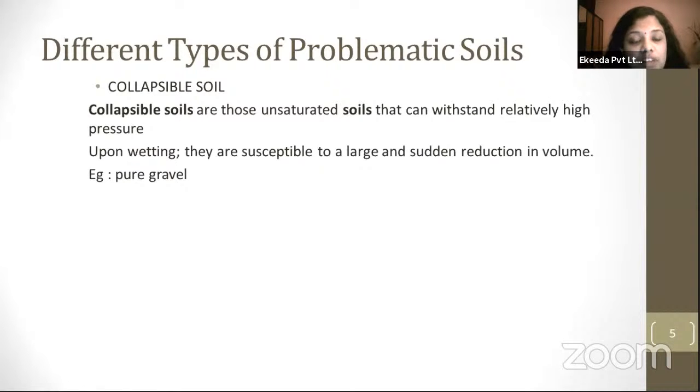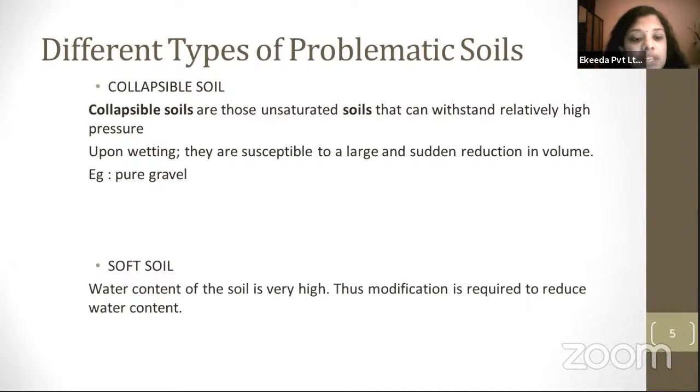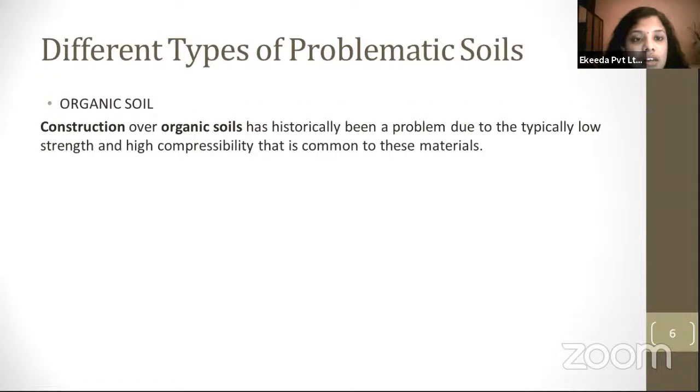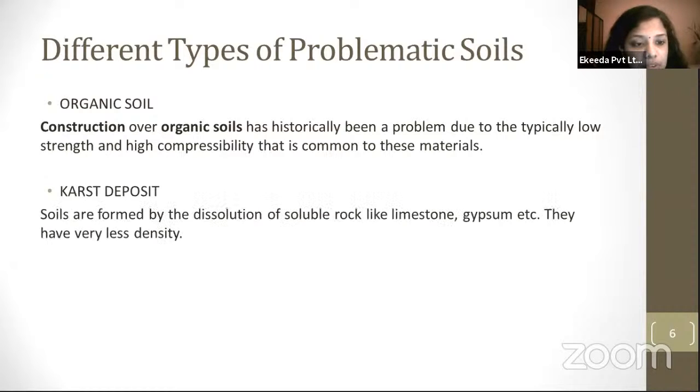The collapsible soil property is that it suddenly collapses when water is applied. Example is gravel. Example is marine clay and peat. Next is organic soil, then karst deposit.